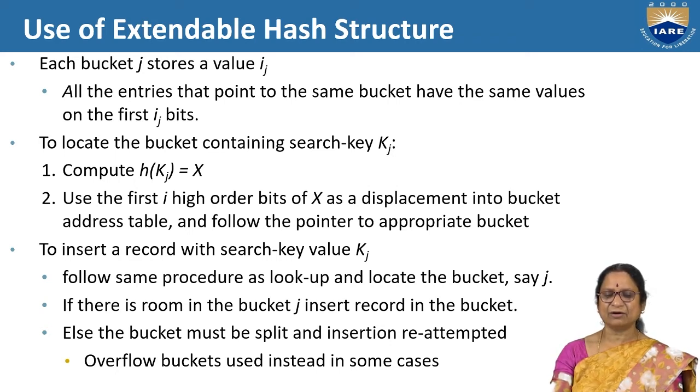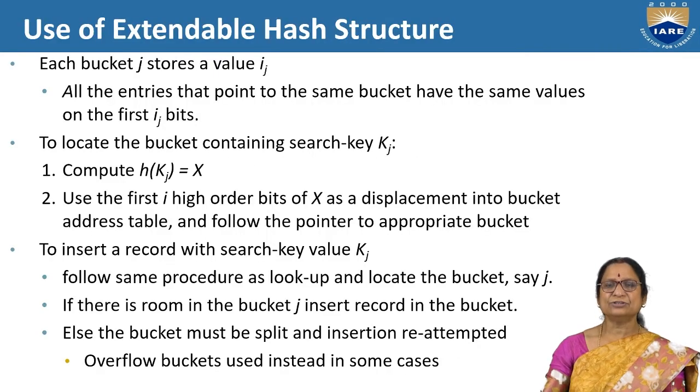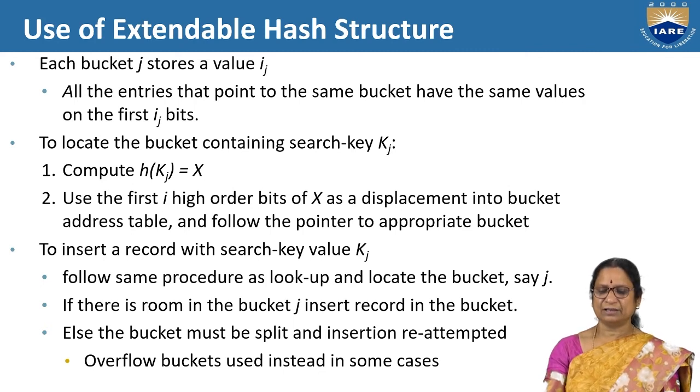Use the first high order bits of x. Convert it into binary. In the previous example, we considered 3 bits, so i is 3, or 4, like that. So the first 3 or 4 bits are considered, and x is used to index into the bucket address table and follow the pointer to the appropriate bucket.